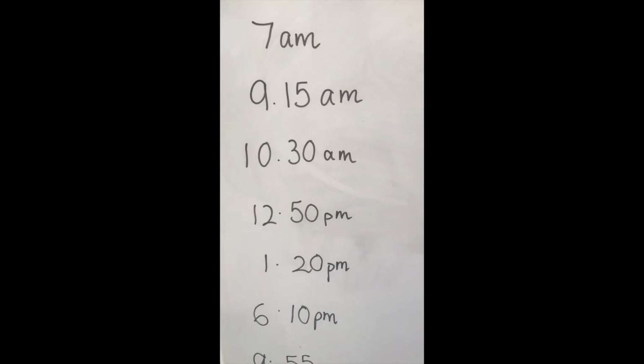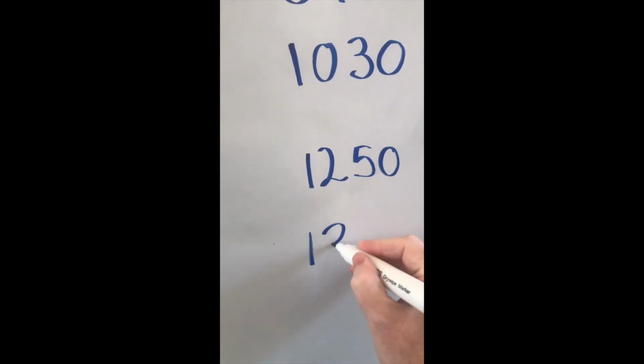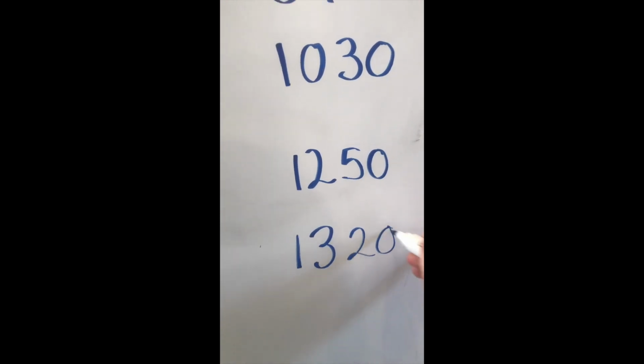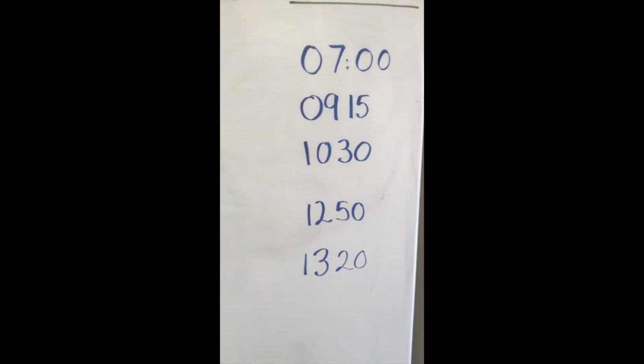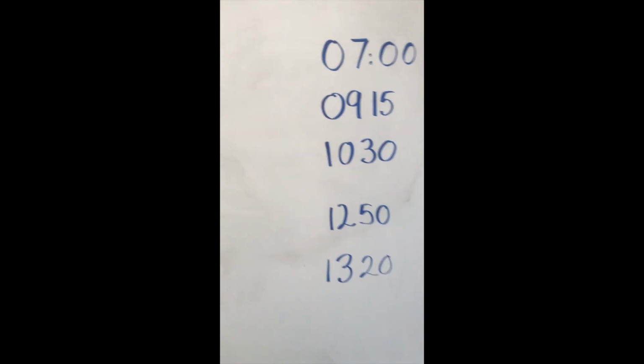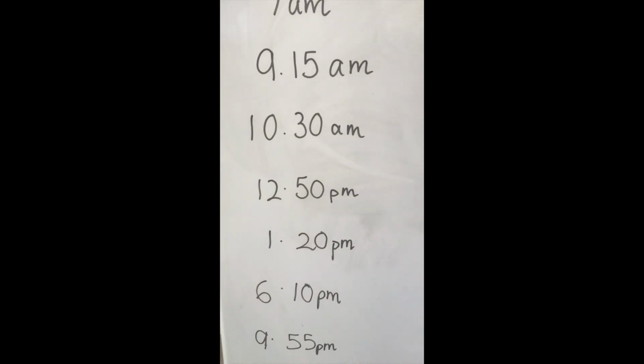So 1 and 12 makes 13. So we write 13:20. If I wanted to know what time that one was, 13:20, in a 12-hour clock, I take my 13, take away 12, 13 take away 12 is 1, and I get the time, 1:20.